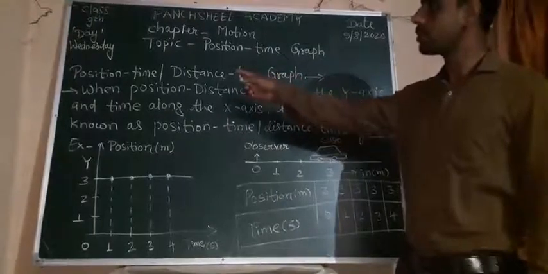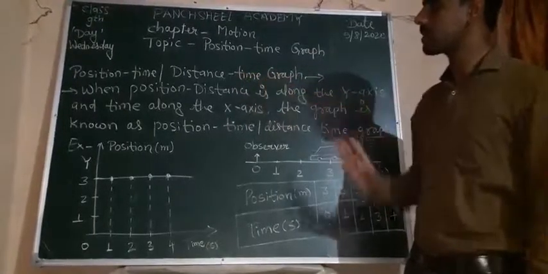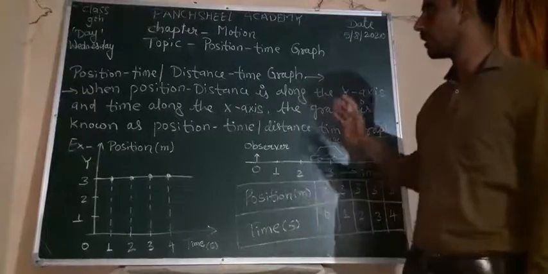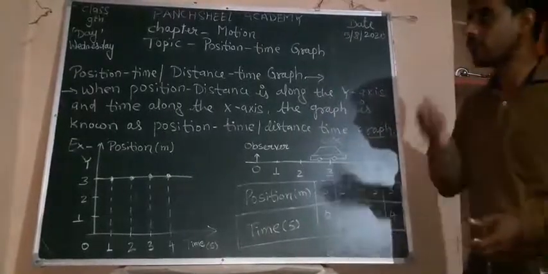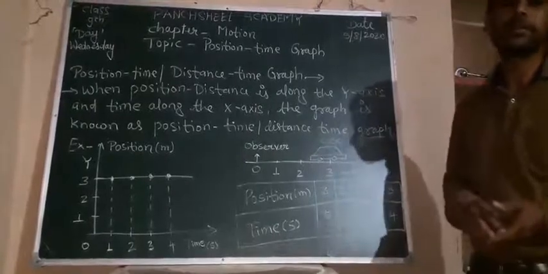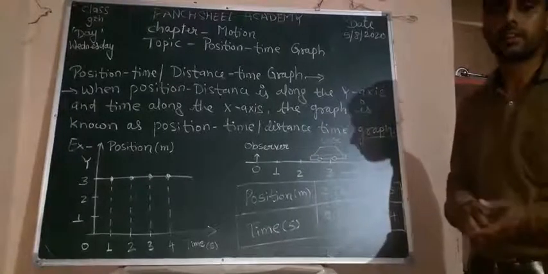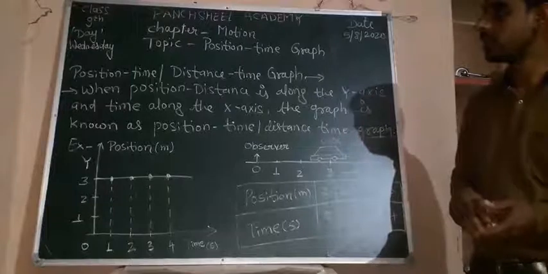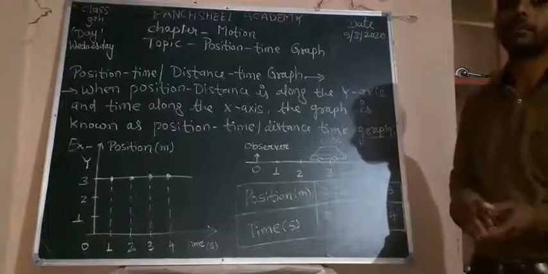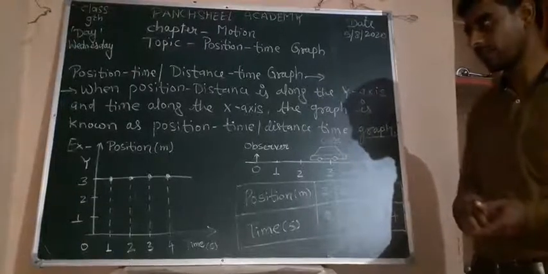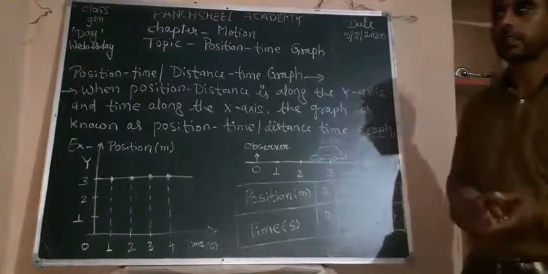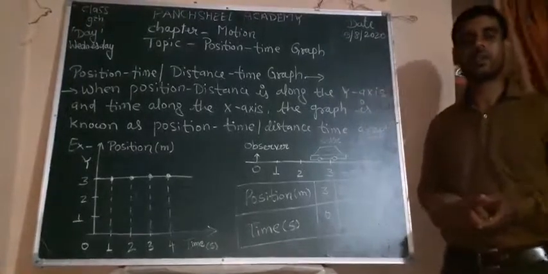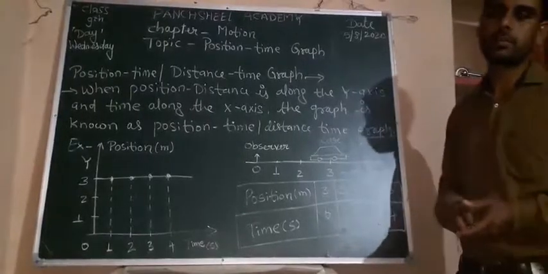Position time graph or distance time graph is drawn for the purpose of showing the position of any vehicle in the given time interval, whether the vehicle is stationary or is in motion.